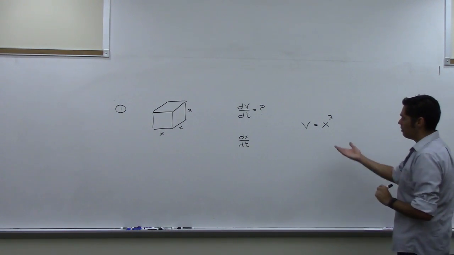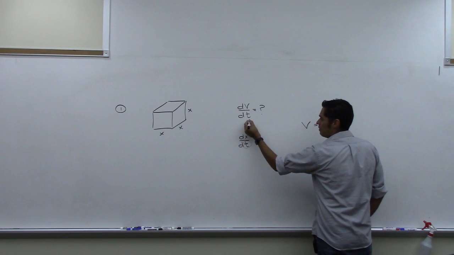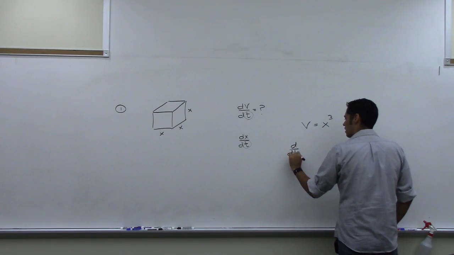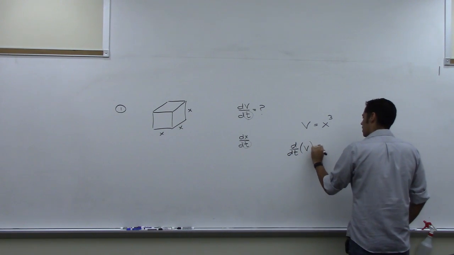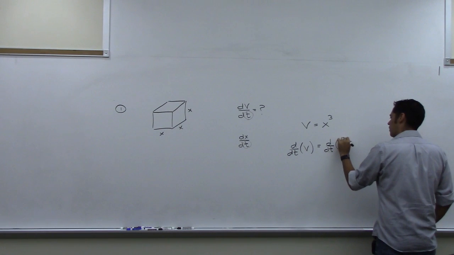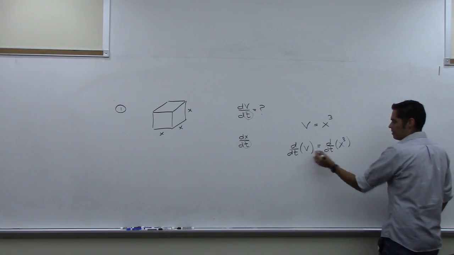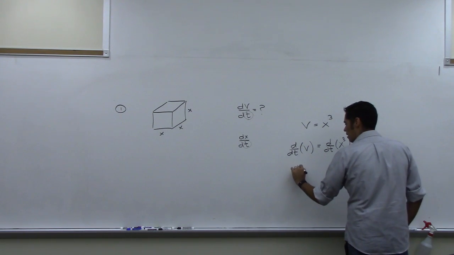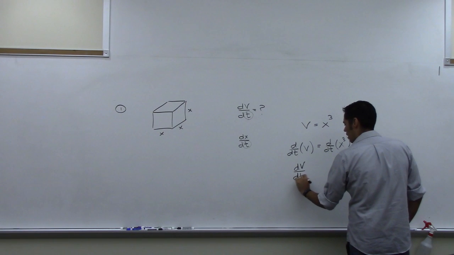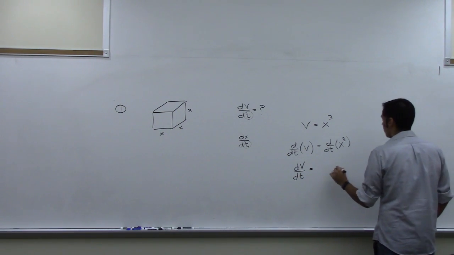And now what I can do with this equation is differentiate it with respect to time, because time is my independent variable. And so the derivative of the left side with respect to t must equal the derivative of the right side with respect to t. And since neither one of these variables is t, the derivative of V with respect to t is dV/dt. And over here we have a derivative of something that's being cubed, so I have to use the chain rule.